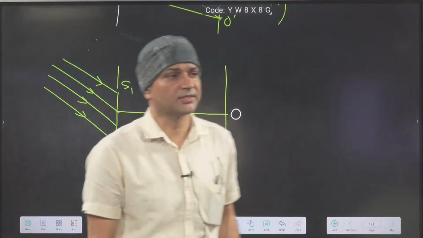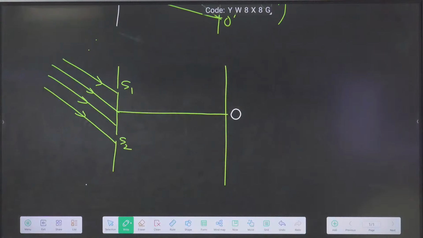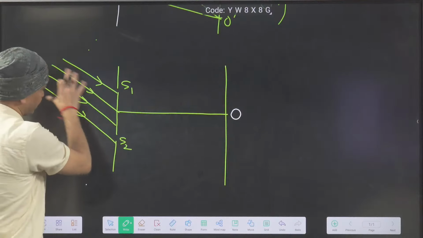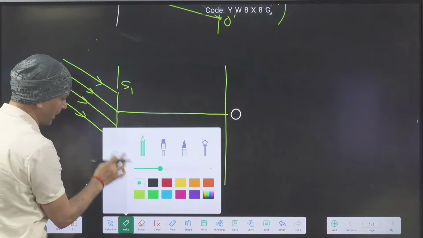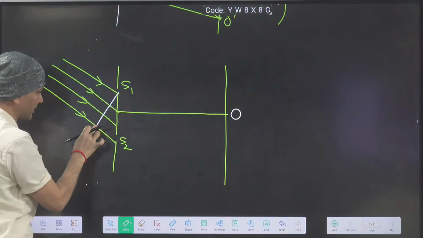So where will we get the central maxima: at O, above O, or below O? Now here, if you see the parallel beam of light, it will fall on S1, and then for S2 the path length is more, because S2 is traveling extra.